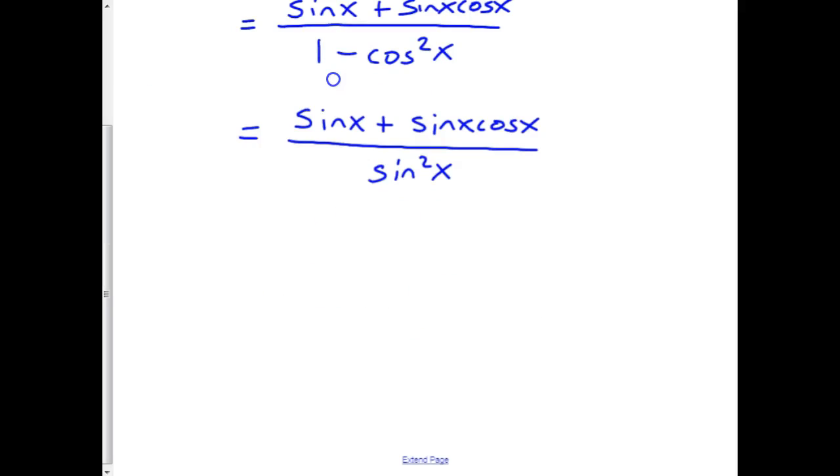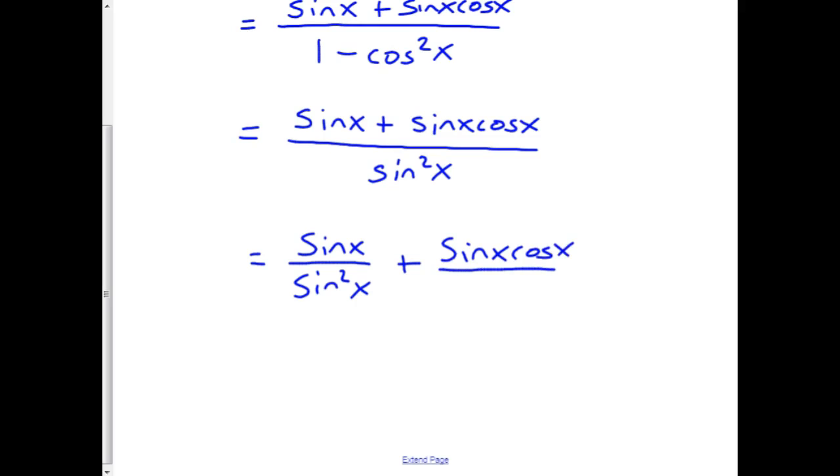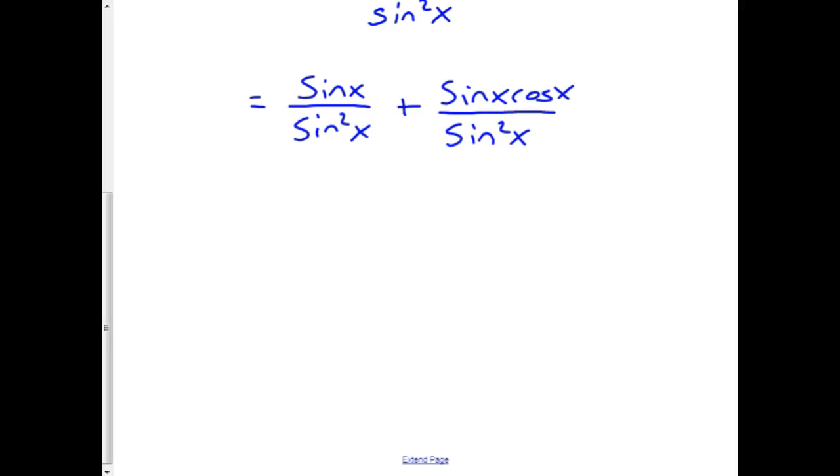So let's try something new. Let's see. Let's split our fractions. Let's say sine x over sine squared x. All right, and then it would be plus sine x cosine x divided by sine squared x. Okay. Remember that your equal signs are on the left side this time because we're working on the right side, right? Okay. Well, let's just reduce our fractions. One of our sines can cancel over here. And let's see, coming over here, one of our sines can cancel, right?